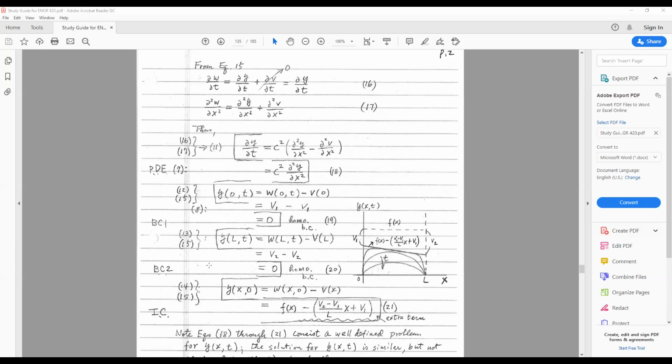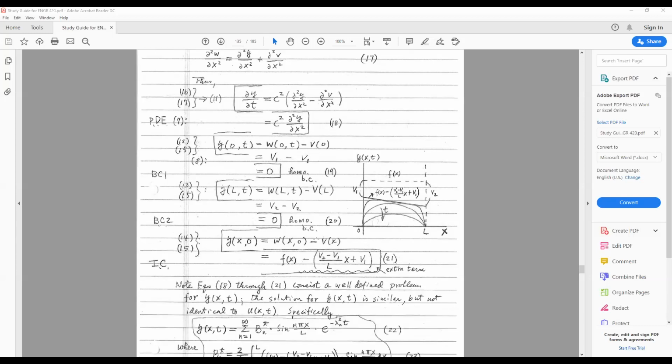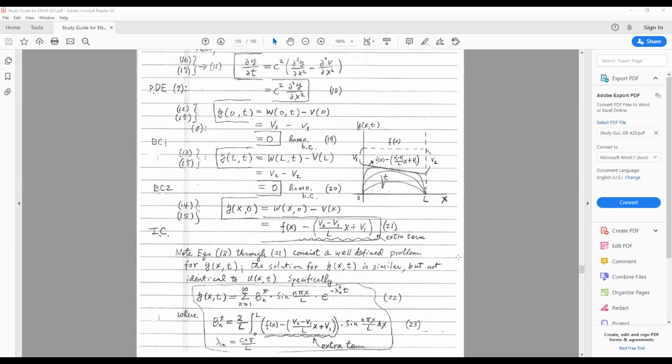And then if we look at this PDE with these two boundary conditions, we can solve this PDE very easily.